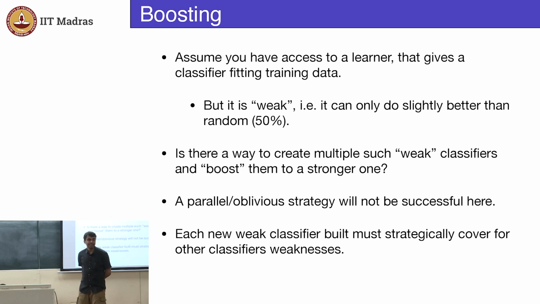What is the setting under which it works? We saw that bagging works if each individual model is a powerful model that can overfit. In that situation, you have something to gain by bagging. Boosting is almost the reverse of it. You have the ability to build individual models which are only slightly better than random.